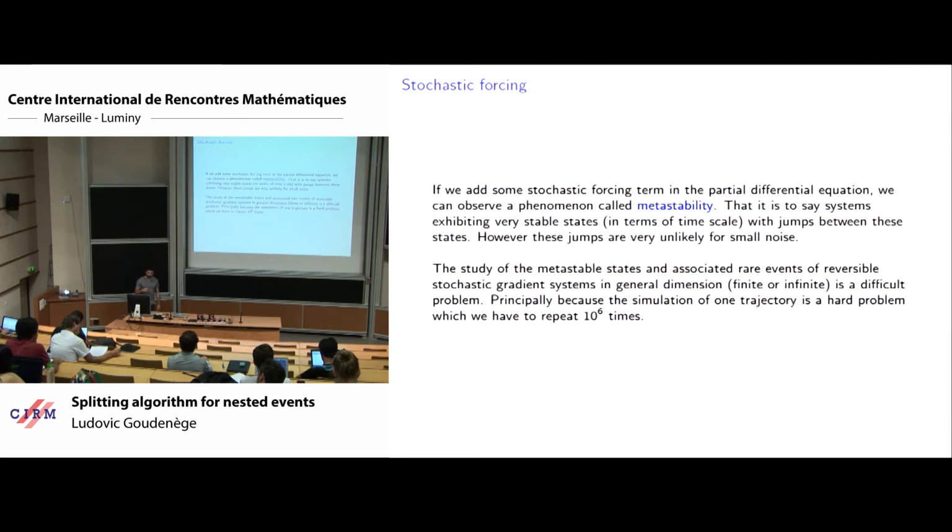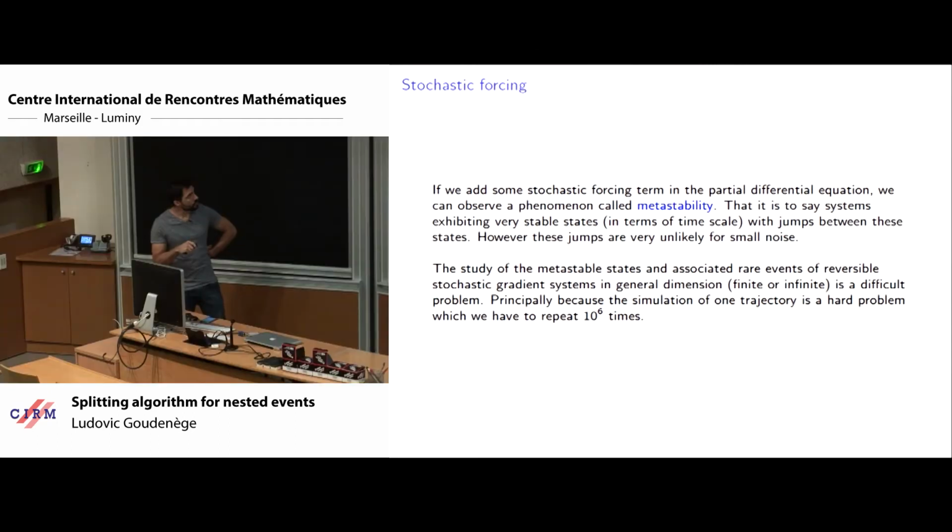When you add the stochastic forcing term, we speak about metastability. So you have to keep in mind that the jumps are very unlikely for small noise, and for very big noise, there are a lot of jumps. Okay? But principally, the simulation is very difficult because the simulation of one trajectory is already a problem.